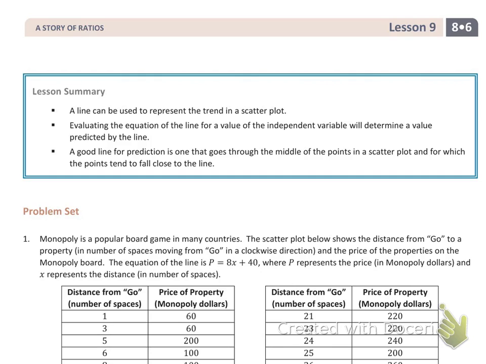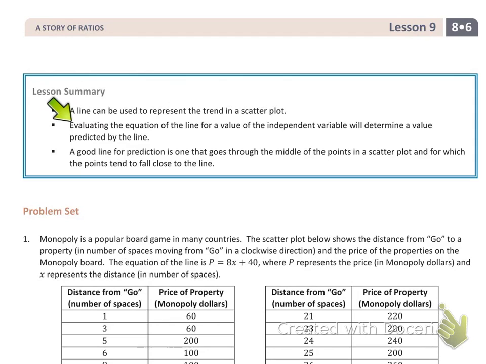Okay, so let's just look at the lesson summary. A line can be used to represent the trend in a scatter plot. Often. Not always linear, but often it can. And if it is a linear trend, then we can write the equation of that line.